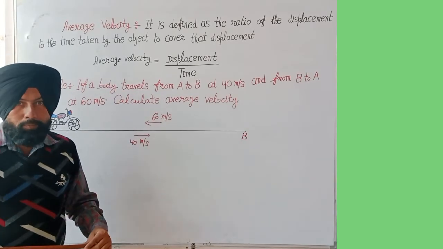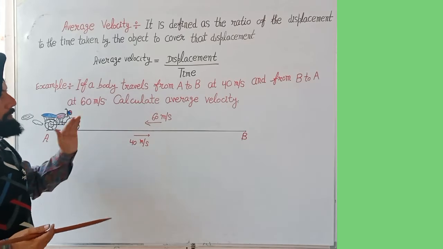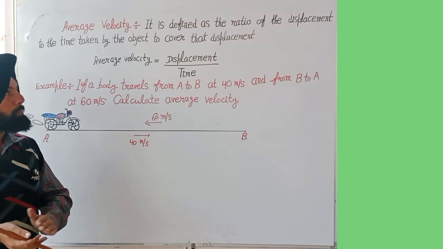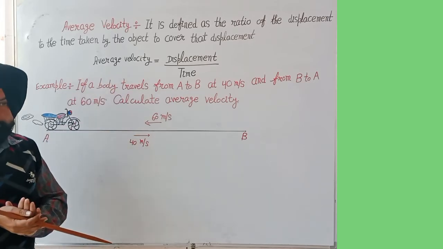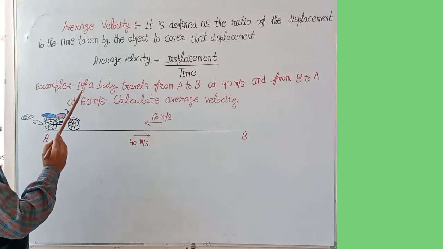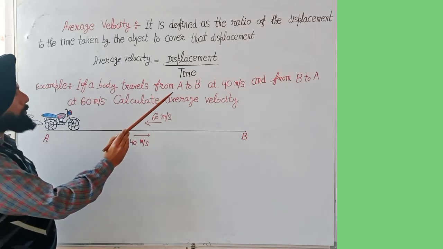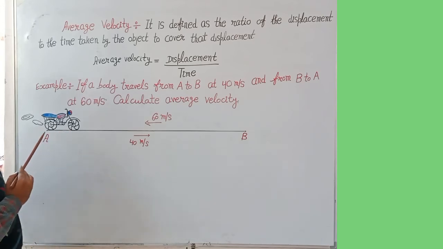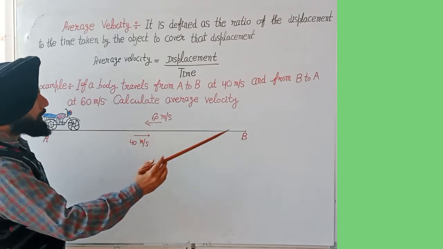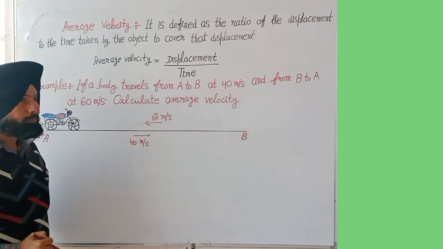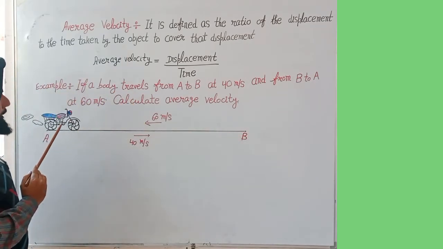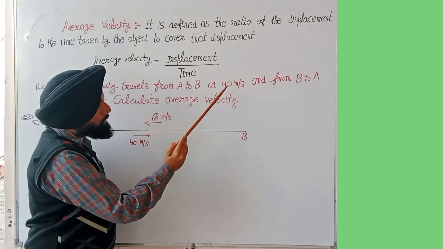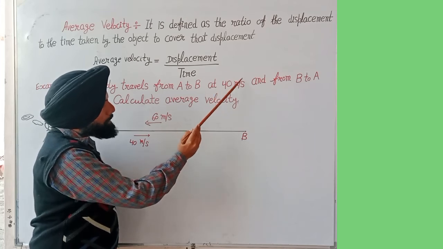For more accuracy, I am solving here a numerical related to average velocity. If a body travels from A to B, suppose this is our bike, and it starts from A and reaches point B. When the bike goes from A to B, its velocity is 40 meter per second.